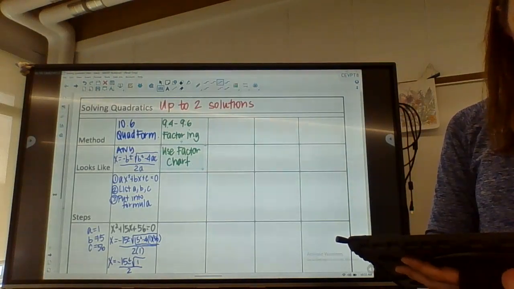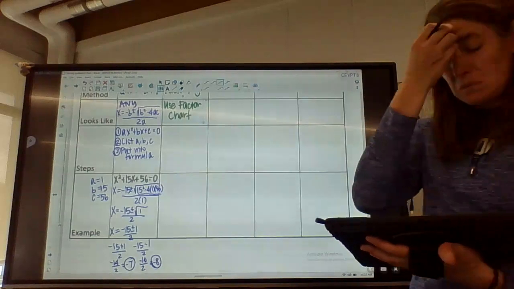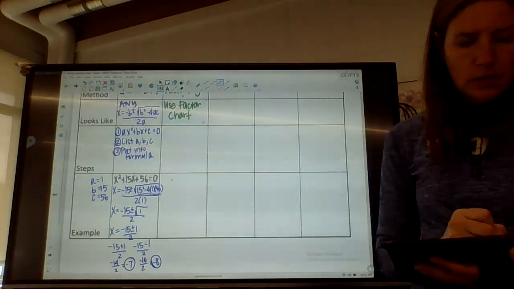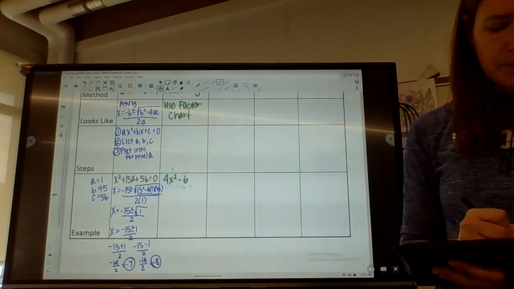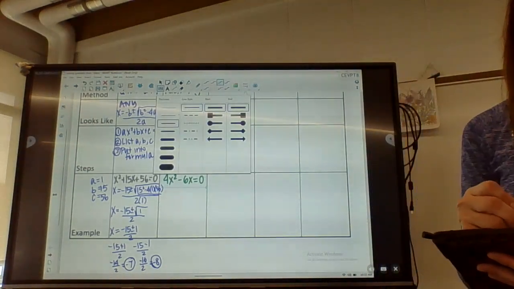So again, we'll do an example with this. And our example is, I'm going to do this type. So again, the first step is it has to equal 0.